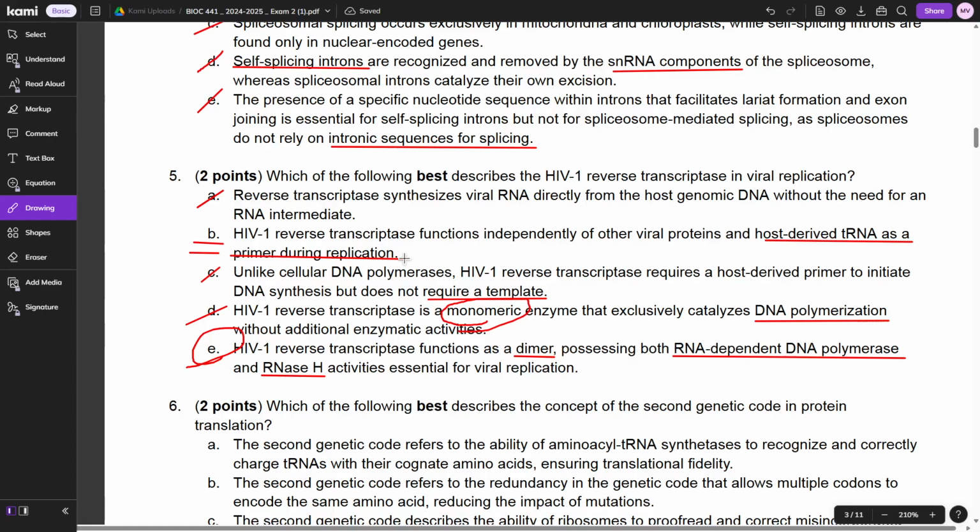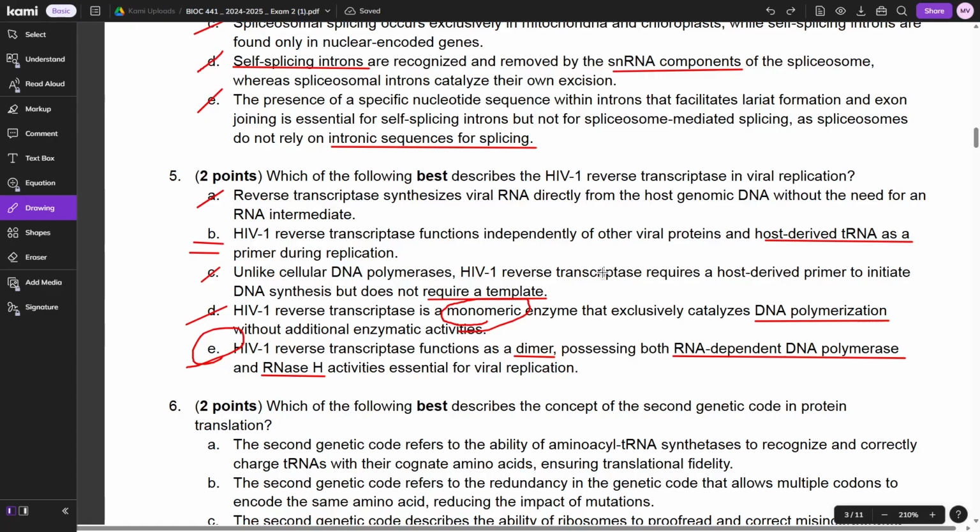Okay, yeah. Even if it is host-derived, the big thing for me is that saying it functions independently of other viral proteins is a bit strange. It would require a tRNA. Also, it does need the assistance of other proteins, like the RNase and all that. I think that's what I was trying to get at.